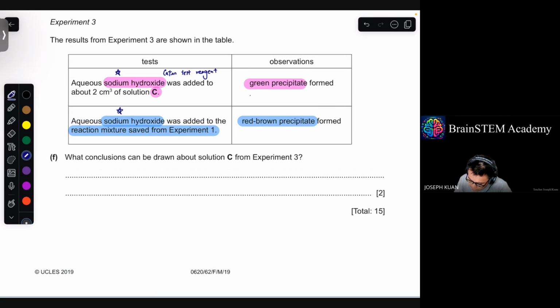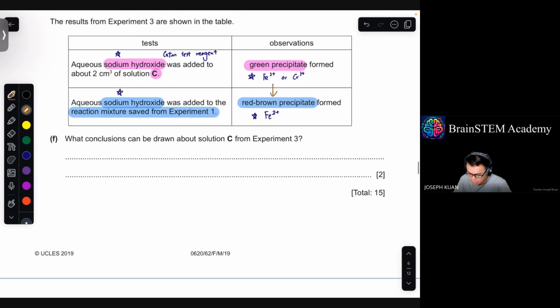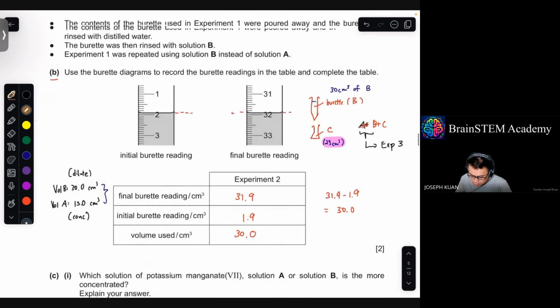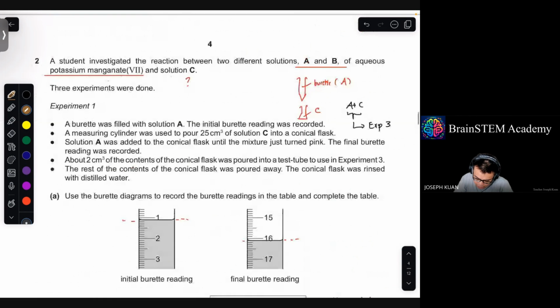And whenever you see a green precipitate, you should think of ions like iron(II) or chromium(III). And a red-brown precipitate, the popular one is iron(III) ions. So you can see the trend here, iron(II) and iron(III). After the reaction, it may get oxidized. And in fact, this solution, potassium manganate(VII) solution, is an oxidizing agent.